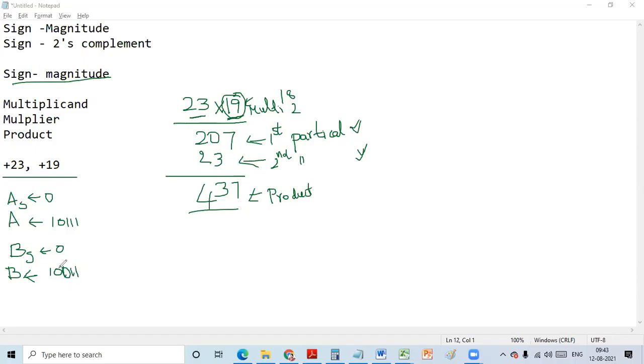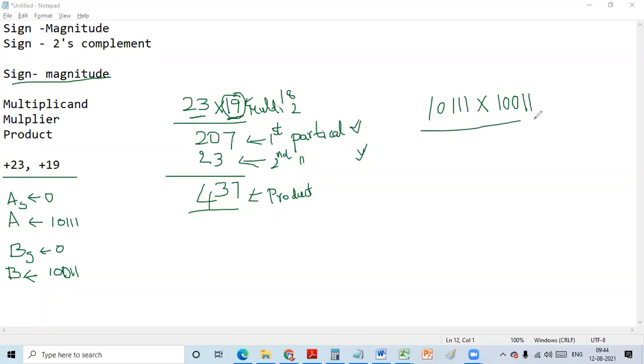Okay, so in sign magnitude representation, while performing the operations, you have to separate the sign. So we are separating the sign and considering only the magnitude for the operation. Now I have to perform A into B, that is 1, 0, 1, 1, 1 into 1, 0, 0, 1, 1.